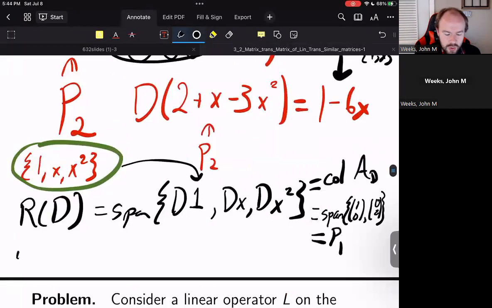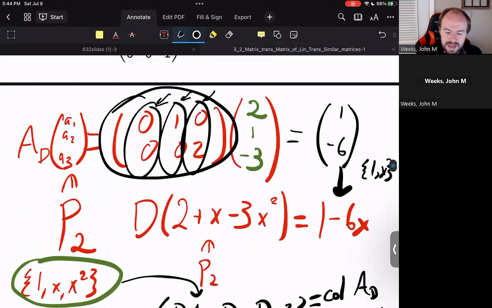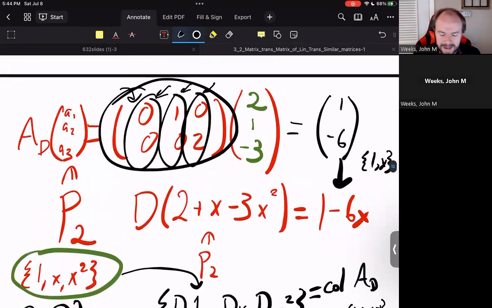So the kernel of this operator should be the null space of our matrix AD, and that's going to just be the span of 1, because that's going to be the non-pivot element here. All we want is for that vector to take a look at its span.